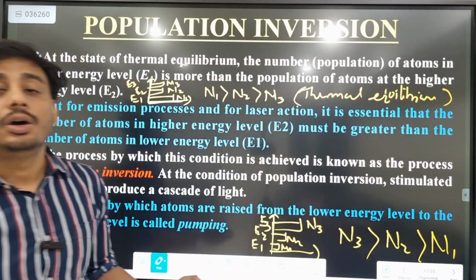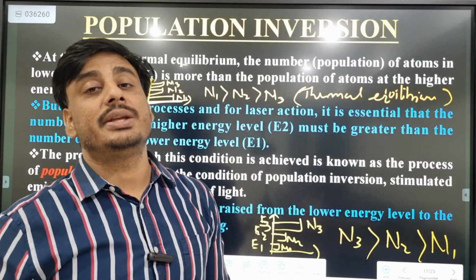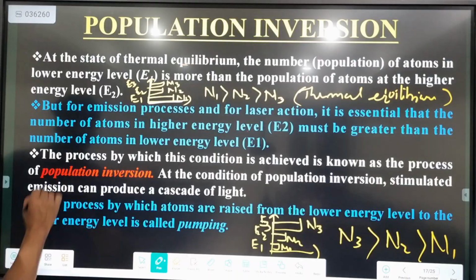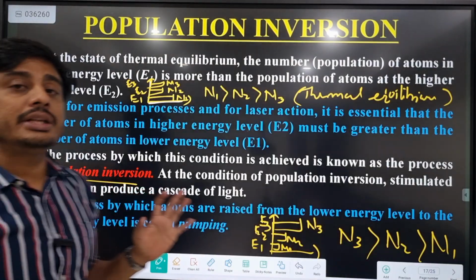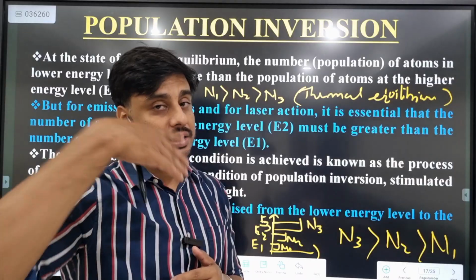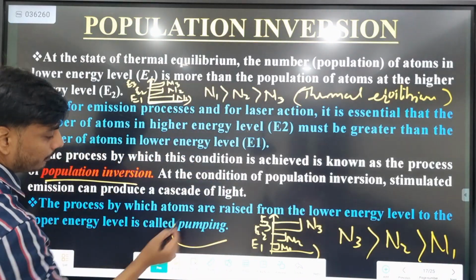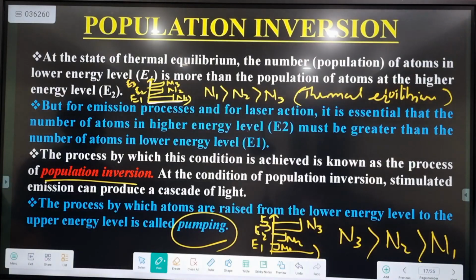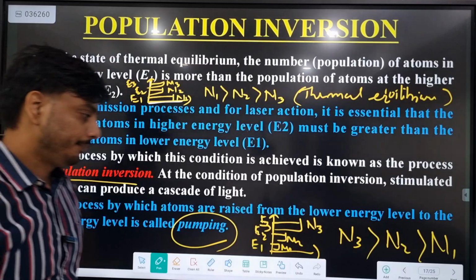The process in which particles are transferred to a higher energy state to get population inversion is known as pumping. Pumping is the process in which particles are moved from lower to higher energy state.